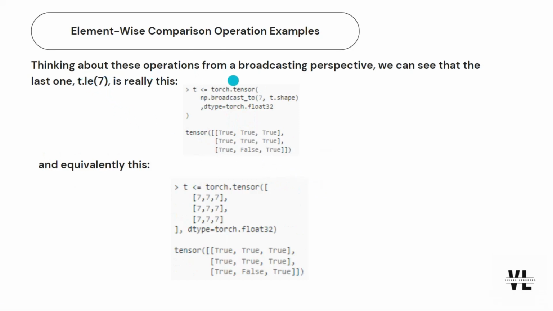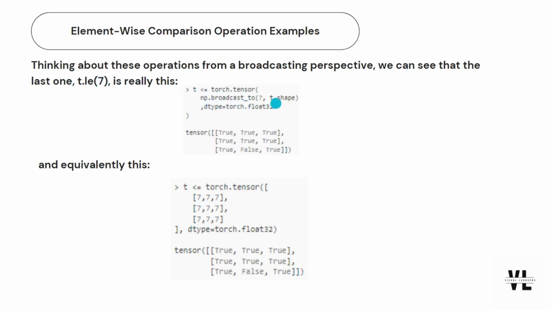Thinking about these operations from a broadcasting perspective, we can see that the last one, less than or equals 7, is really like this. So just as before, we can use the less than or equals sign to do the same kind of operation as le.